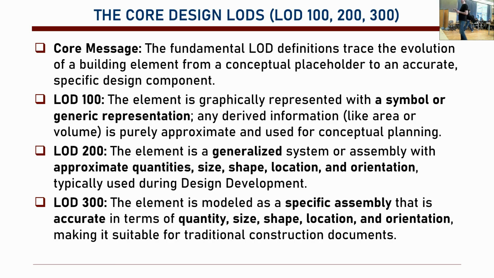LOD 300 is the element modeled as a specific assembly that's accurate in terms of quantity, size, shape, location, orientation, making it suitable for traditional construction documents. So, if your model has, for instance, beams and columns that are exactly this shaped, if you have the exact dimensions, let's say orientation, if the windows have the frame and the divisions, etc., which is good enough for traditional construction, then it's LOD 300.